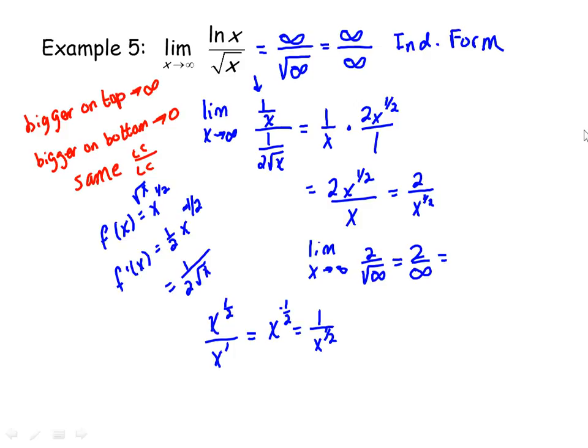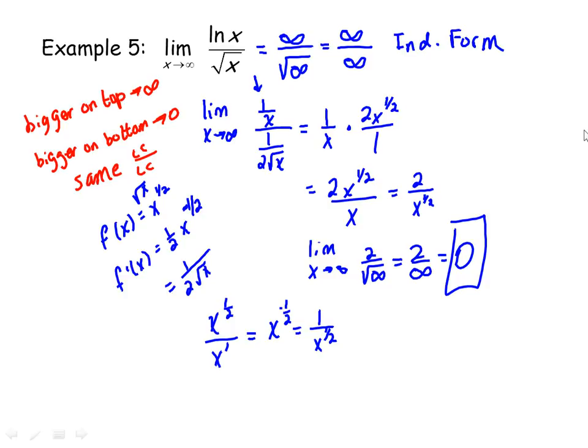Any number over infinity is what? 0. And we actually got an answer. Okay. So if you keep coming up with an indeterminate form, make sure you do as much algebra as you possibly can, because you might get your answer that way.